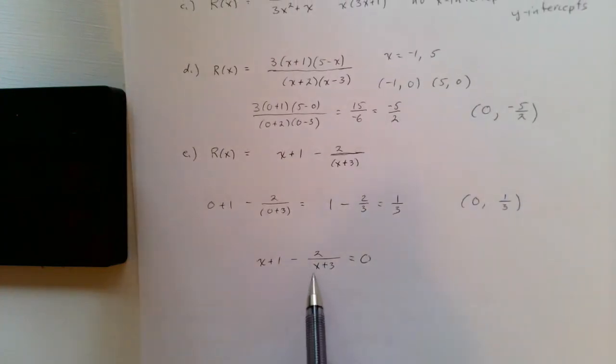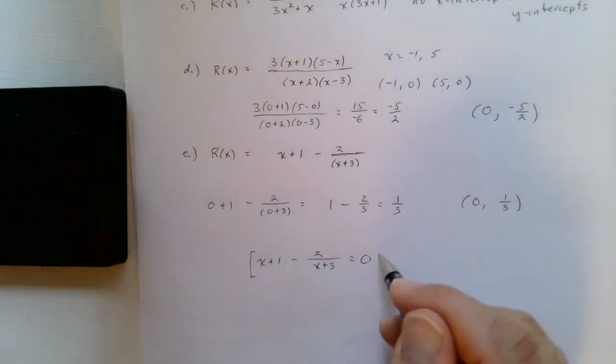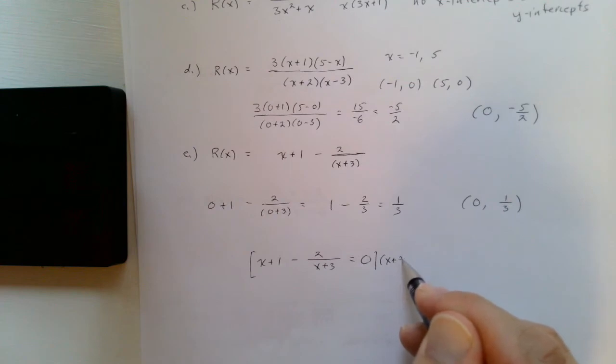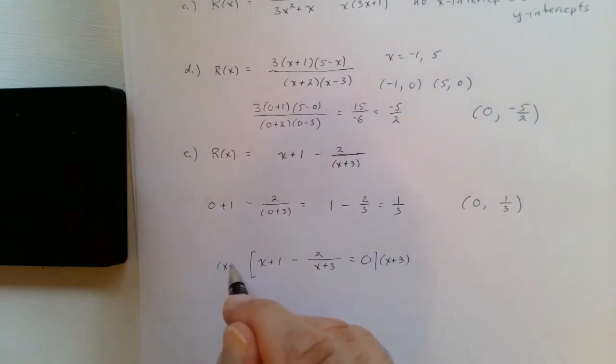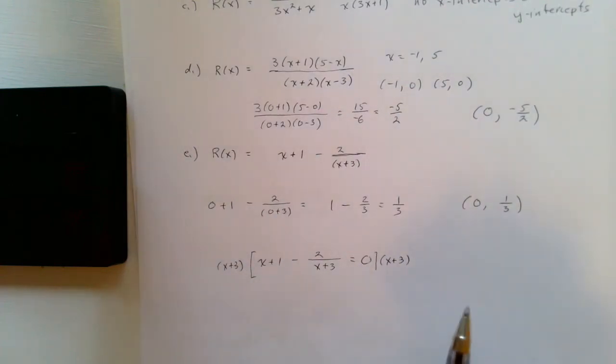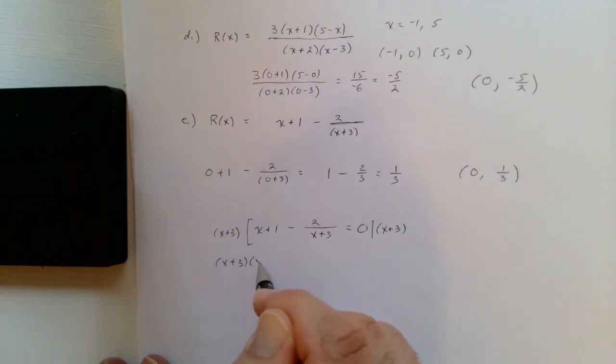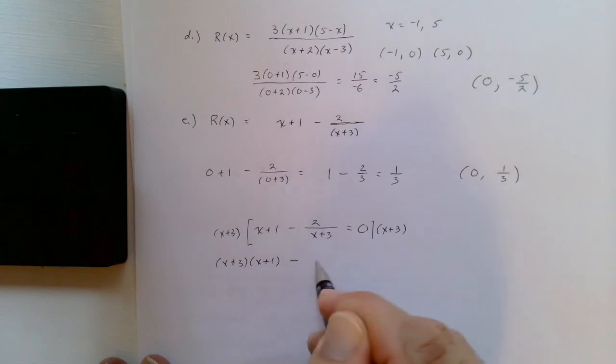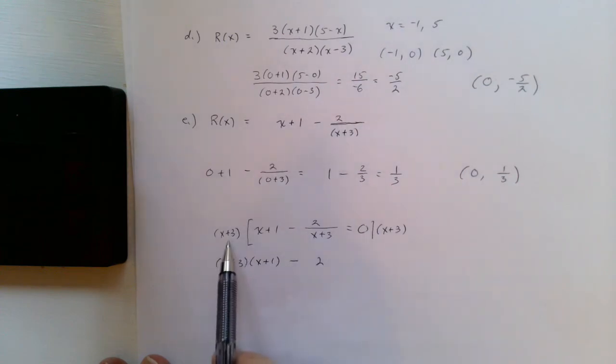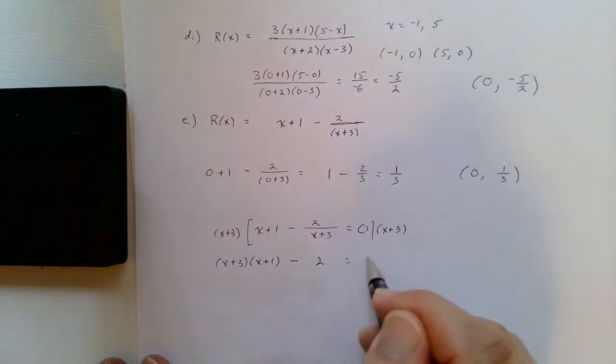What I'm going to do is multiply everything by x plus 3 to clear out the denominators. And so this becomes x plus 3 times x plus 1 minus 2, because if we distribute the x plus 3, we have to multiply this by x plus 3 and this by x plus 3. And then, of course, this is 0.